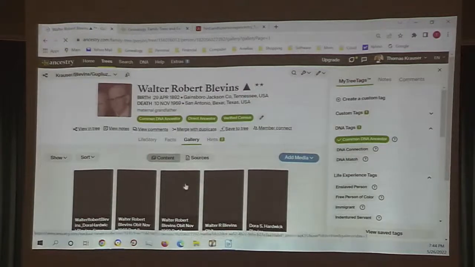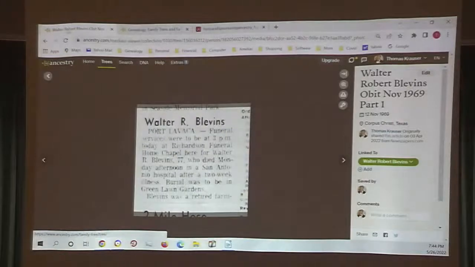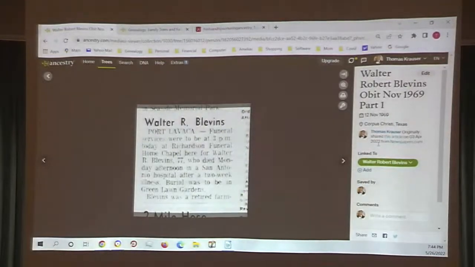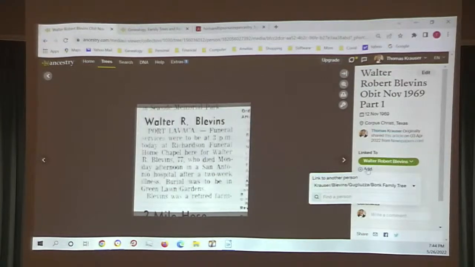And so here's an obit. Here's my grandfather's obituary from newspapers.com. Now over here, link to and add. So if I click on add, I can find the person I want to add it to and just keep adding them, and then it will show up in their profile.